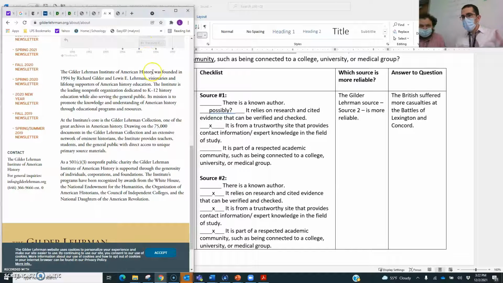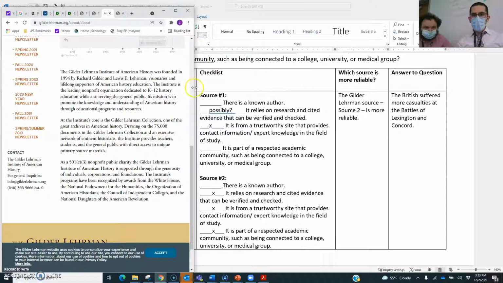So if we take a look at our checklist in terms of what we checked off, Mr. Levine, what is the more reliable source? I would say the more reliable source is Gilder Lehrman, but that does not necessarily mean Ducksters is unreliable. We are simply looking for the source that is more reliable.